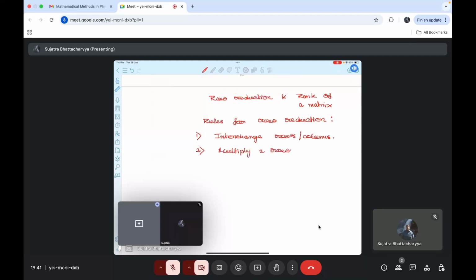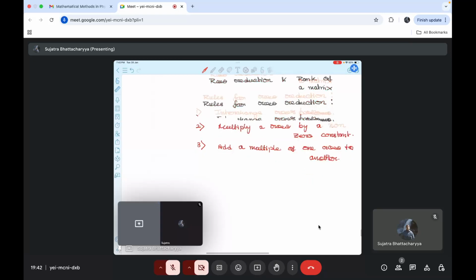Okay, this is row reduction, so you don't write the columns. Third, add a multiple of one row to another. This will get clear when we do.